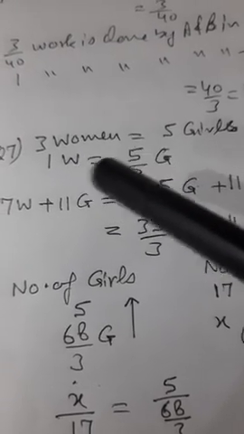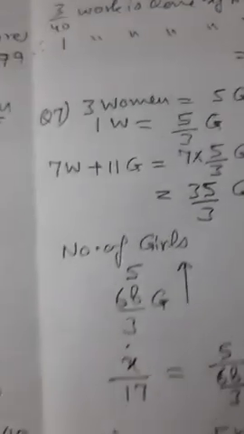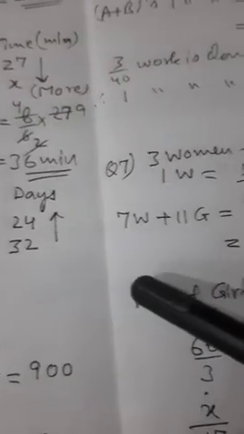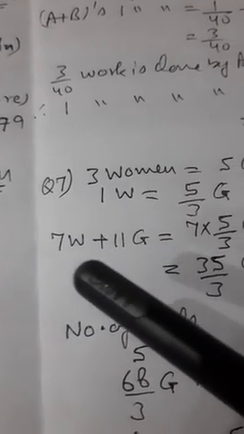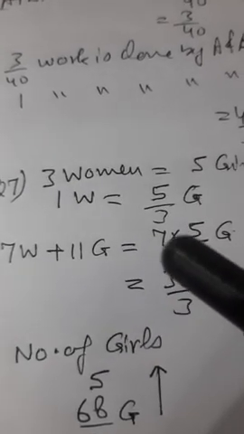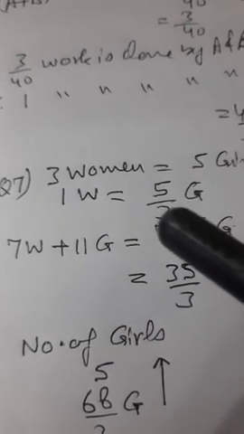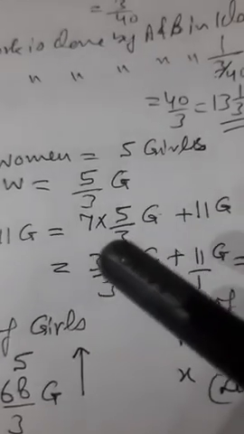W represents a woman and G represents a girl. Now in the second situation there are 7 women and 11 girls. So write 7 women plus 11 girls. Now one woman is 5 by 3 girls, so in place of woman I can write 5 by 3.